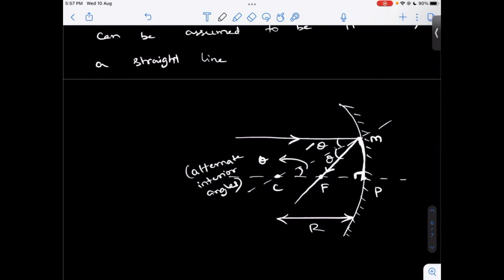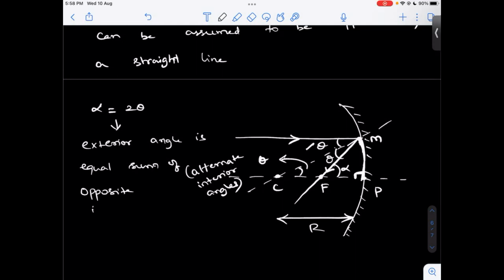If I take this to be alpha, then what is alpha equal to? Alpha will be equal to 2 theta because the exterior angle is equal to the sum of opposite interior angles.